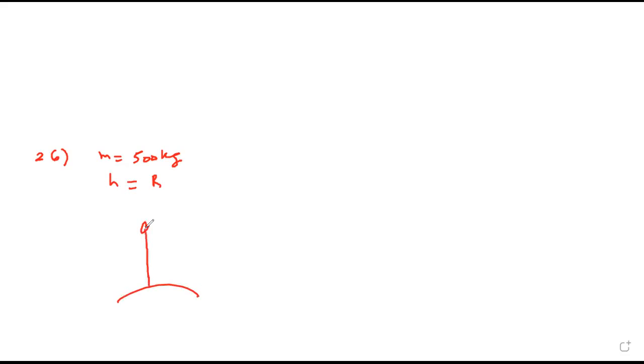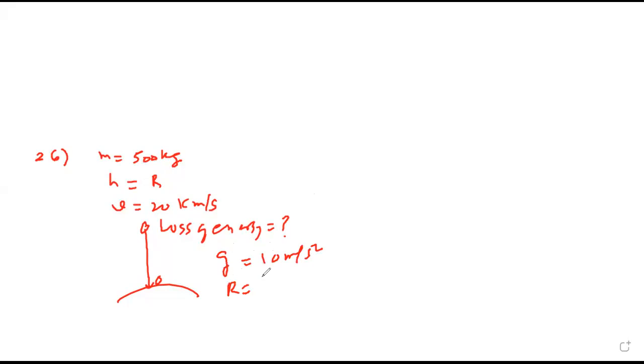That means it falls to the earth surface and hits it with a velocity of 20 kilometer per second. The energy absorbed by the atmosphere due to friction, energy absorbed means loss of energy, will be how much? Take g as 10 meter per second square and radius as 6.4 into 10 raised to 6.